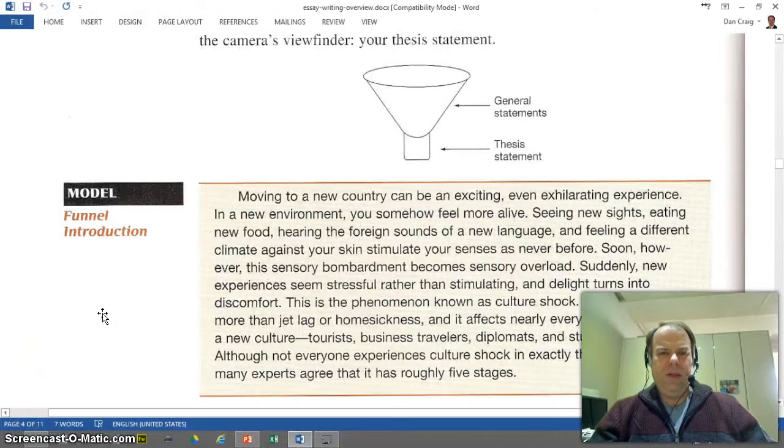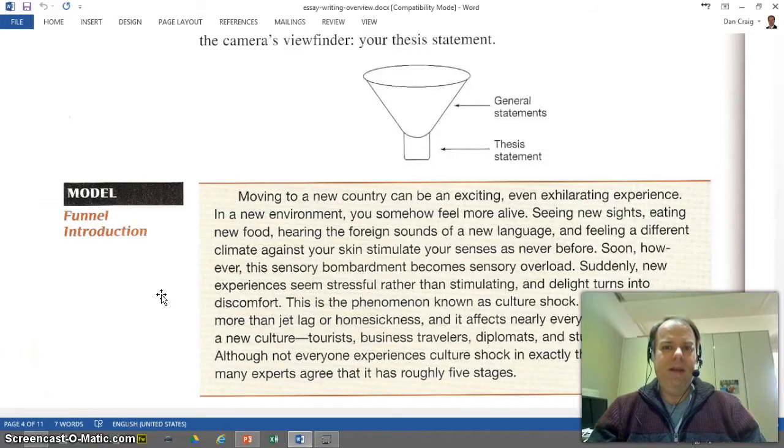So let's take a look at the funnel introduction here. Now, what you'll notice is that at the beginning they're talking about something very general, and that is simply about moving to a new country and how it can be exciting. This could be the beginning of any number of essays. However, you'll see them start to focus more and more, and so they start to build a description of culture shock.